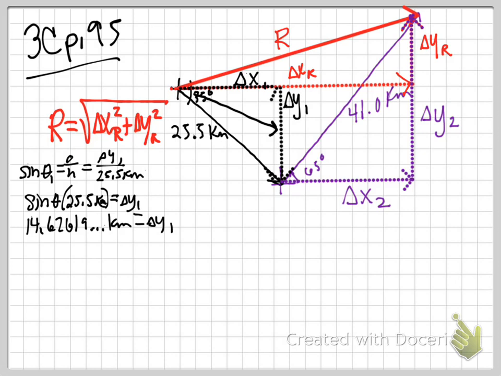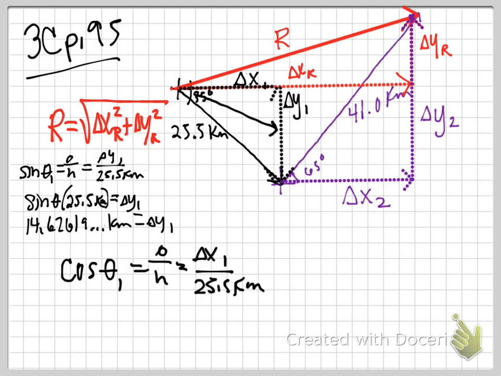Cosine. So we know that cosine of theta 1 is equal to adjacent over hypotenuse, is equal to delta x1 over our 25.5 km. Now oh gosh, yes, it is adjacent. Thank you, ma'am. And I'll draw my little bendy arrow so I remember that.